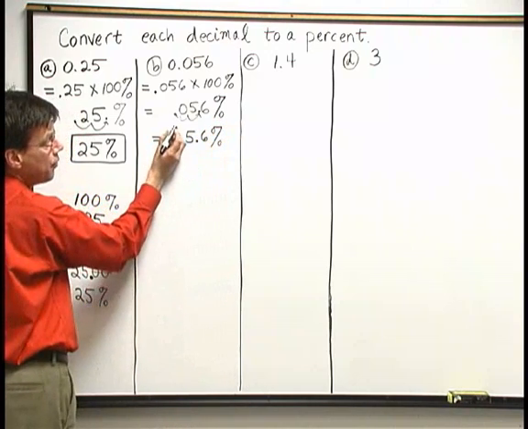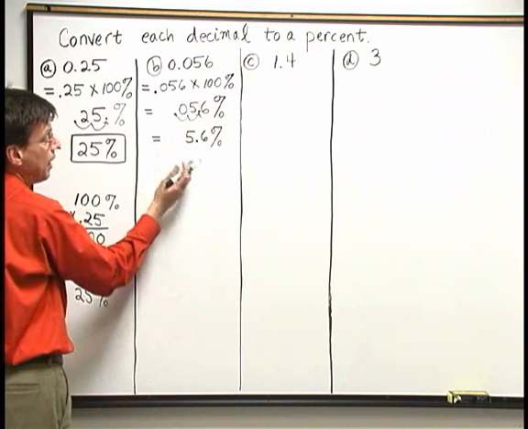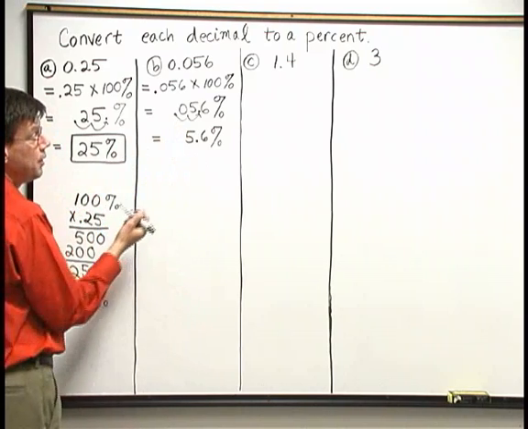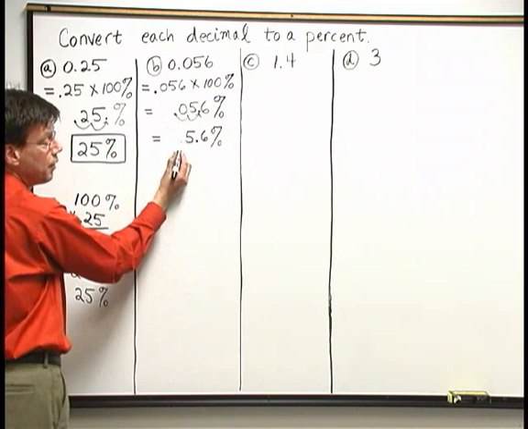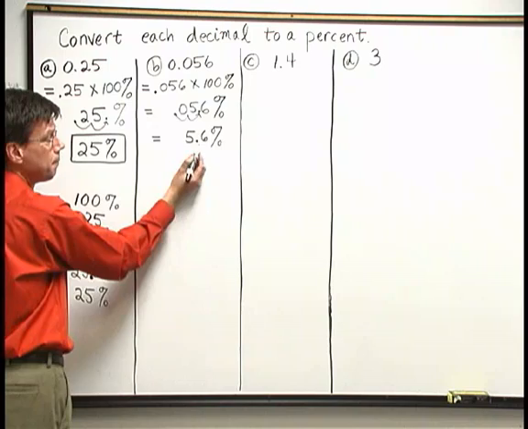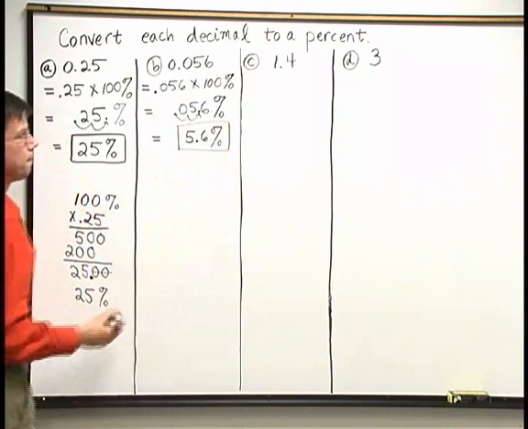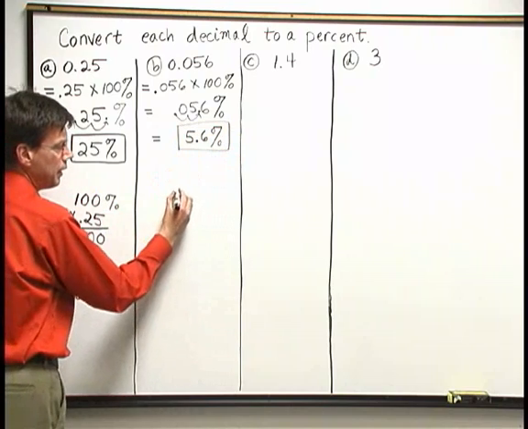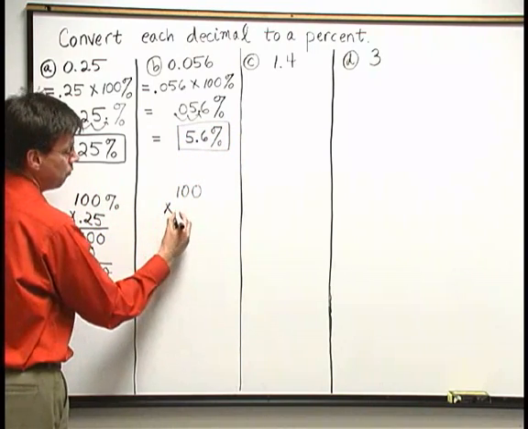Notice that now the 0 in front does not need to be written because it's out on the left beyond the decimal point. It's out in the whole number part of my decimal at this point. So we have 5.6%.